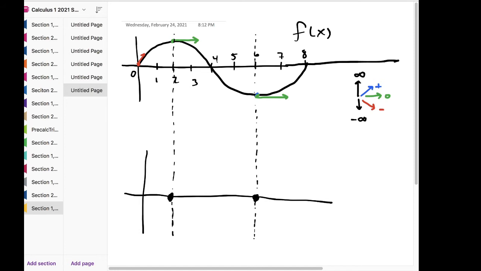Okay, does anybody remember the intermediate value theorem? I think you probably saw it in pre-calc. Anybody remember this? Let me just do this on the next page. If not, it's okay. We'll go over it again.